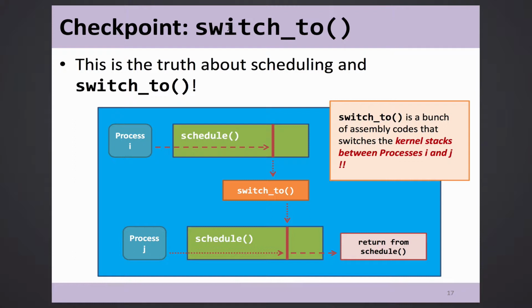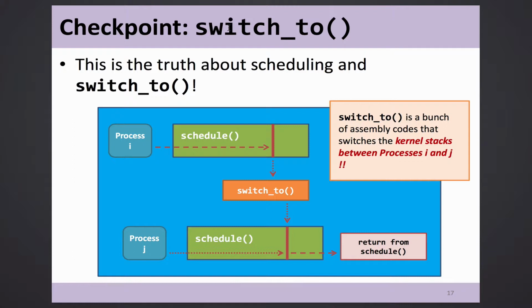Let's say the next process is J. Then after we find it, we will call the function called switch to, to switch to process J. And the moment that we finish calling switch to, by magic, we resume the execution of process J within the scheduler code. What is this about?